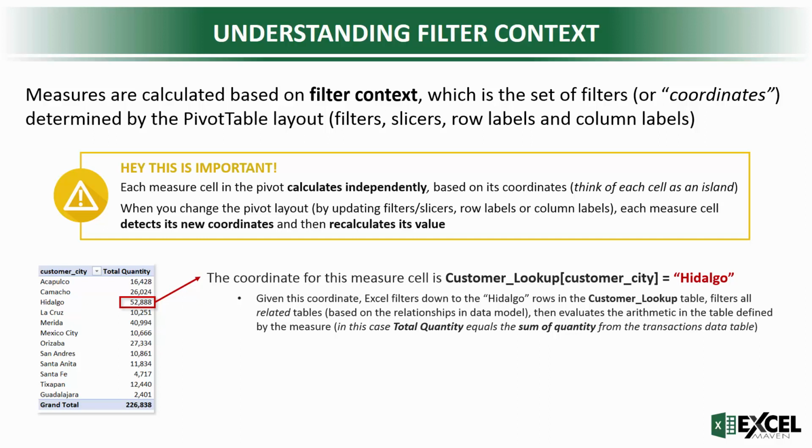So those relationships essentially transmit the filters from the customer lookup table to any table related downstream. And since the transactions data table is related to the customer lookup table and it's downstream, that means that the filters applied to the customer lookup table are then also applied to the transactions table. And from there, the measure runs its arithmetic or its operation based on that set of filtered rows, and it returns the result. So that's a lot of words, kind of makes your head spin a little bit.